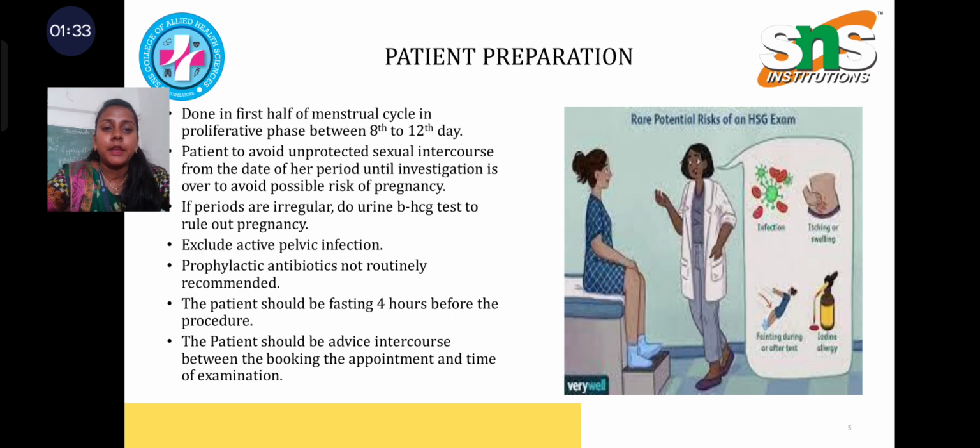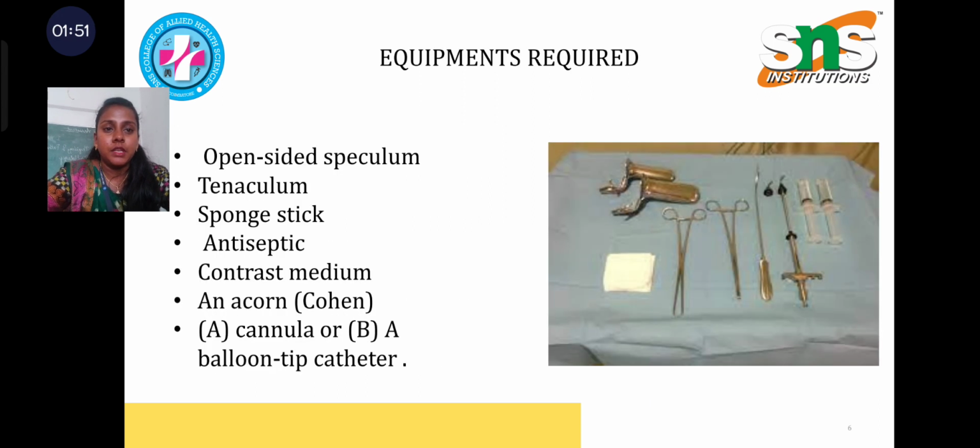Exclude active pelvic infection. Prophylactic antibiotics are not routinely recommended. The patient should be fasting for 4 hours before the procedure. The patient should be advised not to have intercourse between booking the appointment and the time of examination.